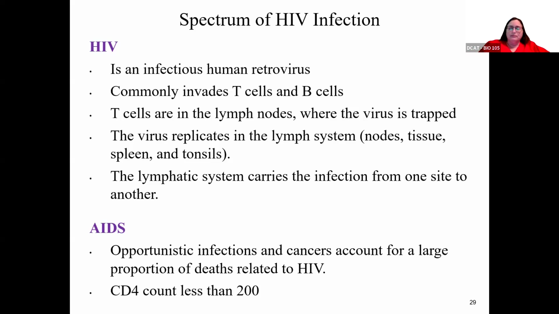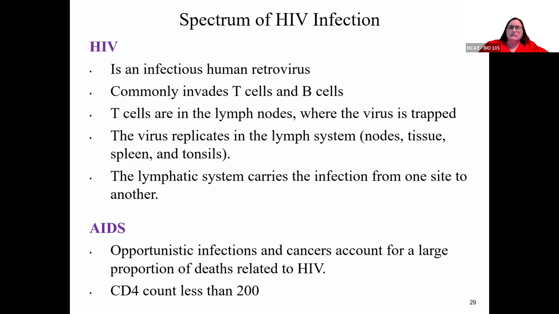AIDS is, again, what is our CD4 level going to be? Our CD4 level is going to be 200 or less to be able to qualify or be diagnosed as AIDS. Also, the person has to have opportunistic infections. And most of those opportunistic infections are going to be cancer related.